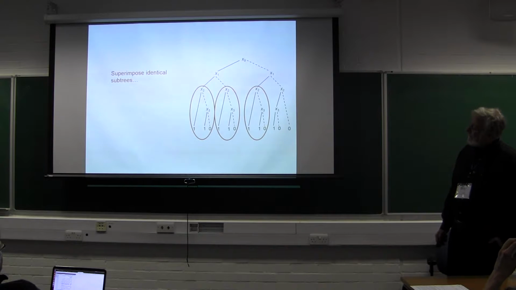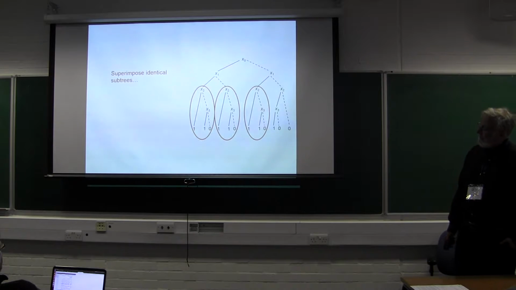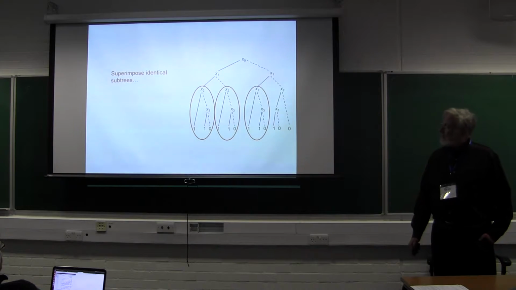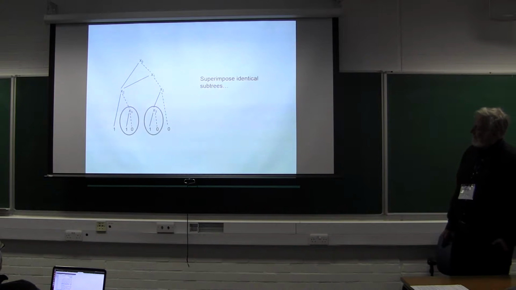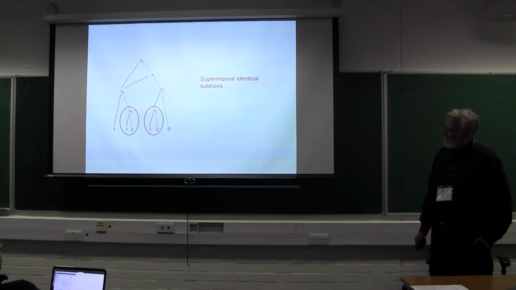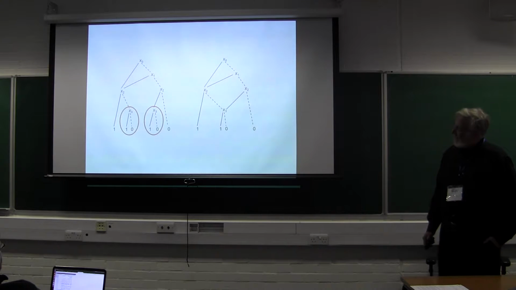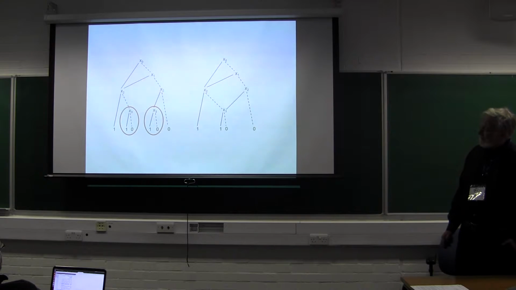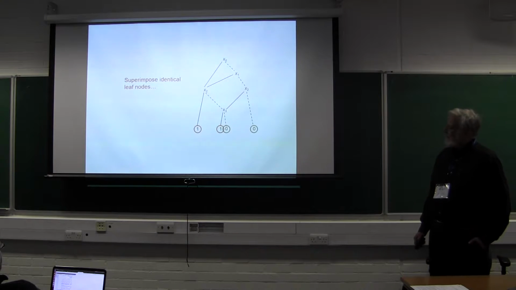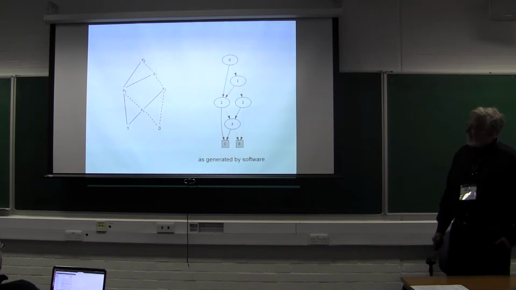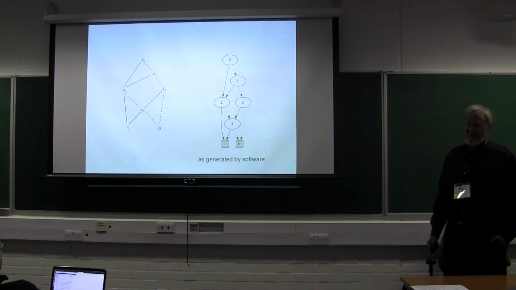And some of the subtrees are identical, isomorphic, so we can superimpose those without harm. And same thing here. Now finally, the identical terminal nodes can be identified. Then we have a reduced decision diagram.